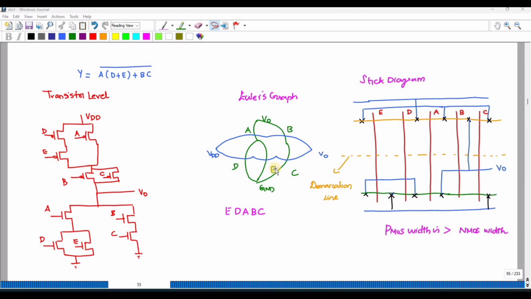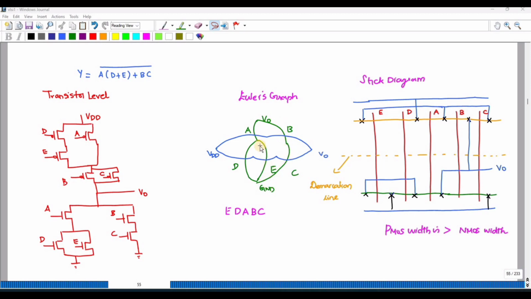So I have drawn the Euler graph. From this you have to identify the path. Let me assume the path D, A, B, C and E. So that is the path: D, A, B, C and E.